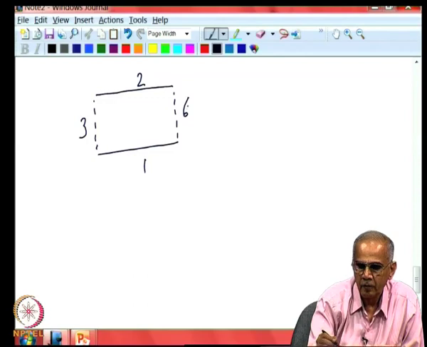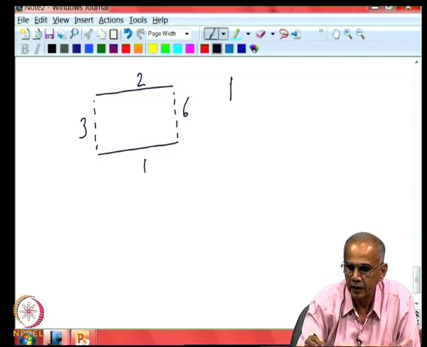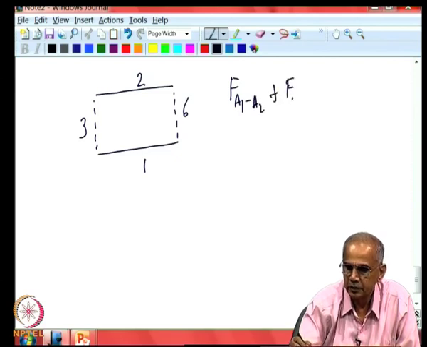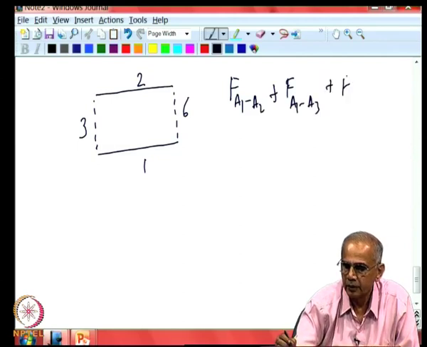So, for this enclosure I can say radiation leaving 1 reaching 2 plus radiation leaving 1 reaching 3, plus radiation leaving 1 reaching 6 has to be equal to 1.